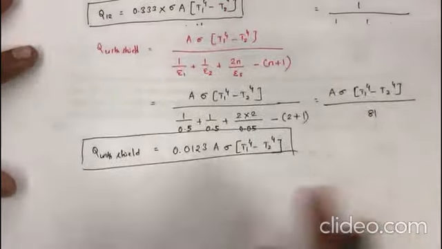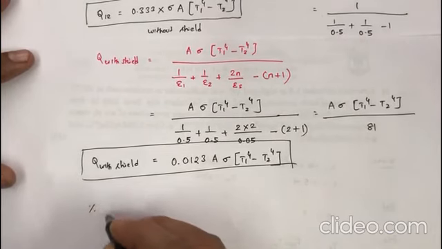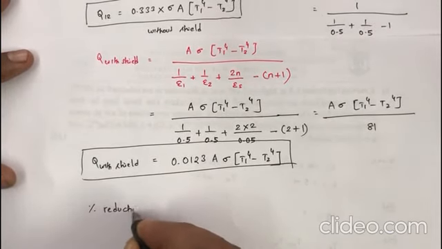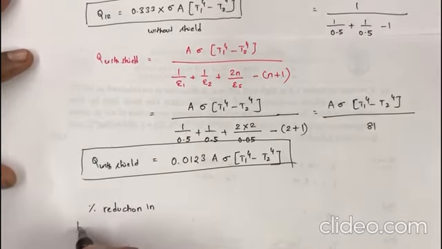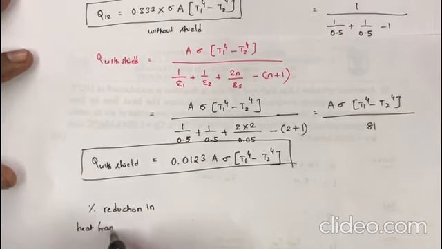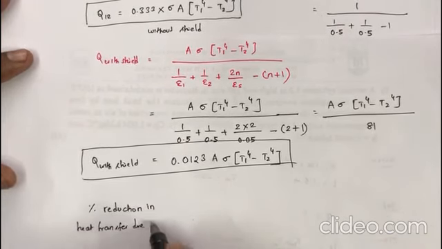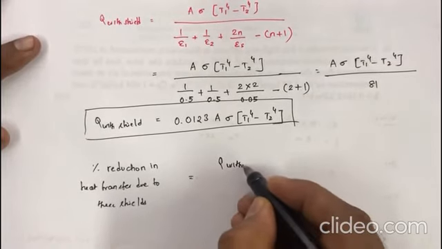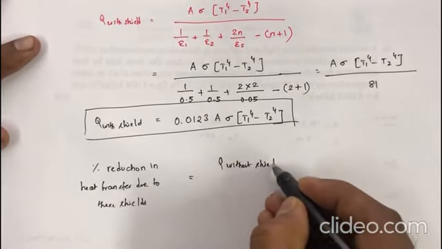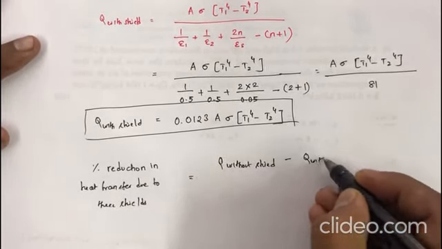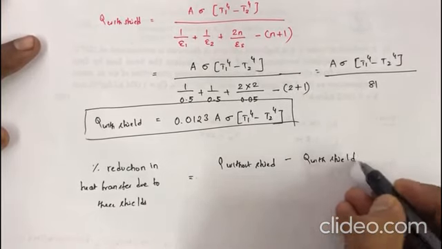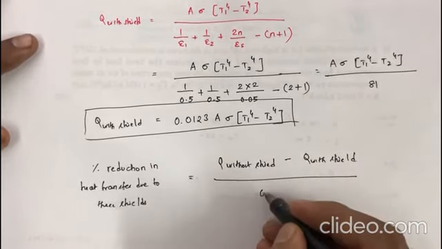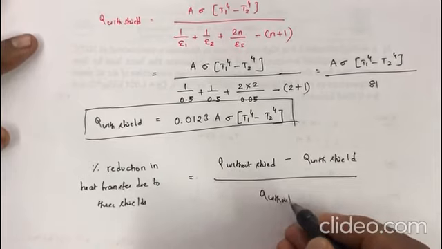So now let's find out the percentage reduction in heat transfer due to these shields. So this will be like Q without shield minus Q with shield divided by Q without shield.